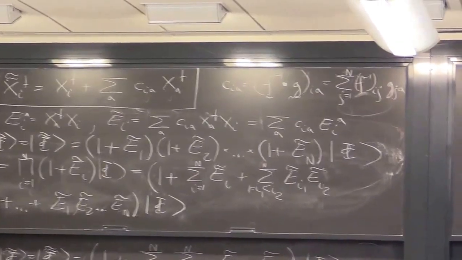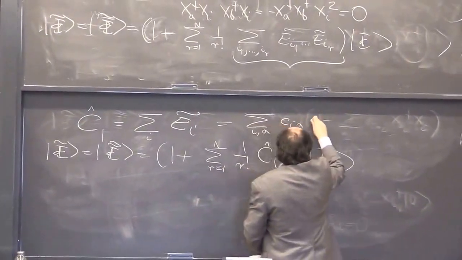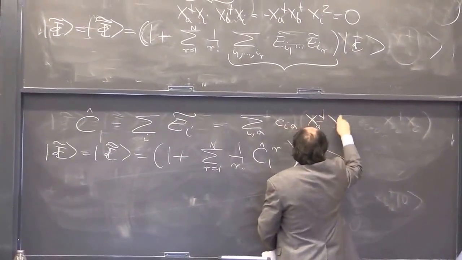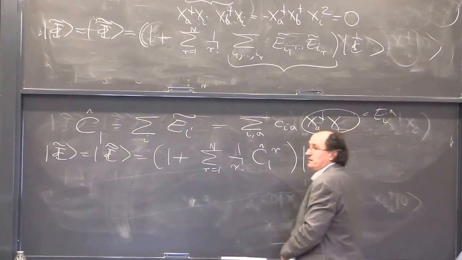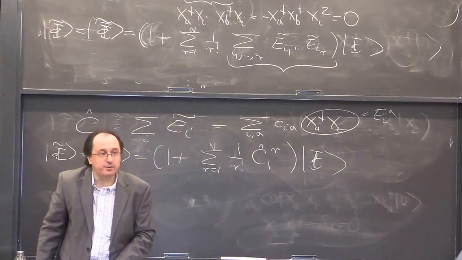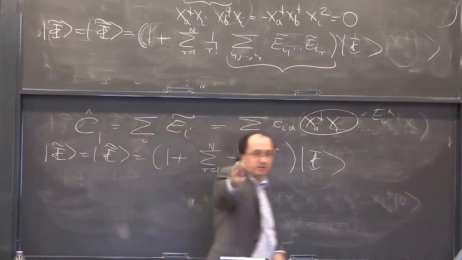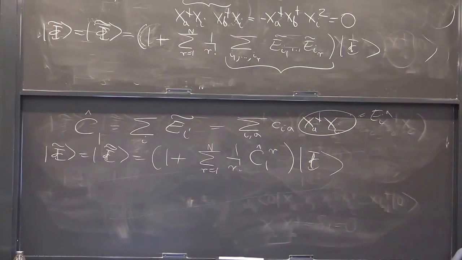This is a summation over I and A of C_IA X_A dagger X_I, or E_IA if you like. That is a one-body operator. Okay? And we know how to get the coefficient C. You remember? F minus 1 G. That's how we were defining these coefficients C. They were the matrix elements of the F to the minus 1 times G.